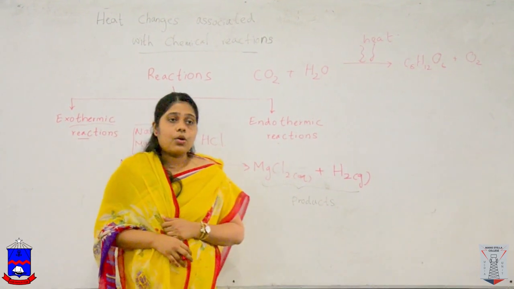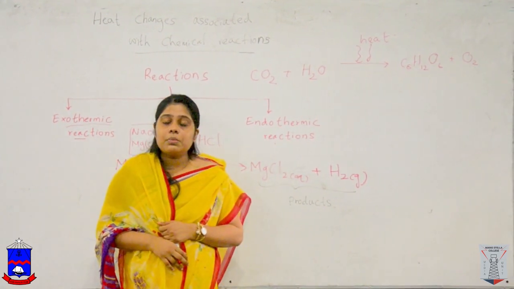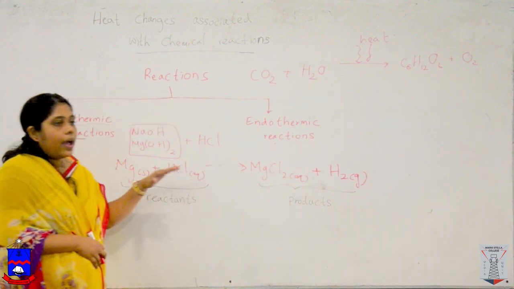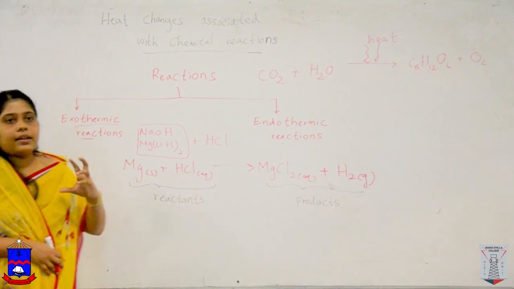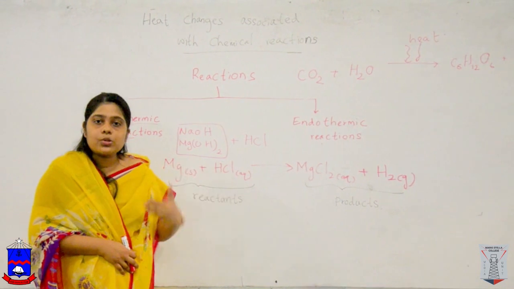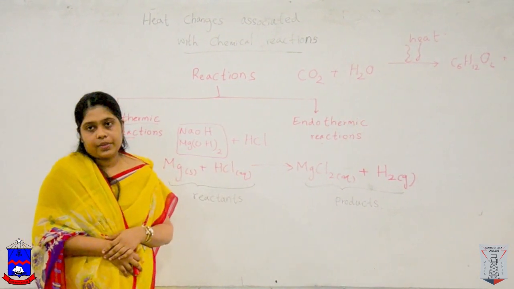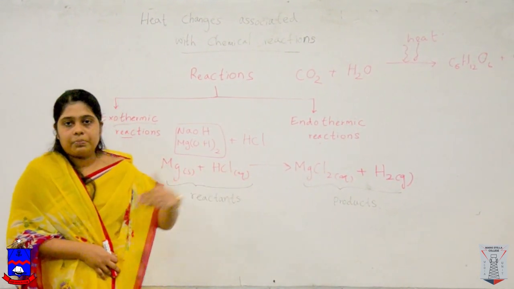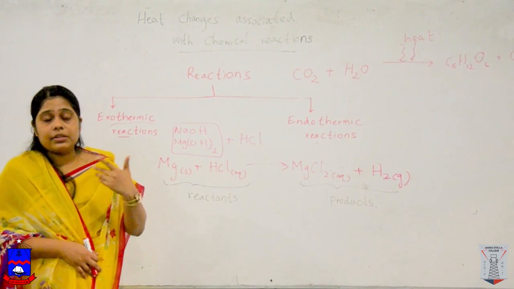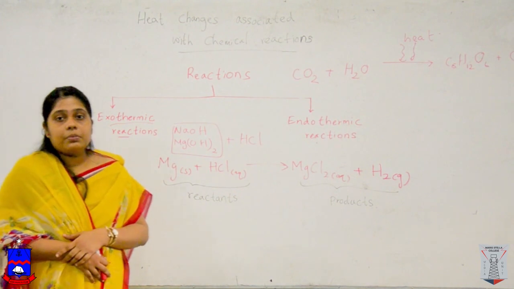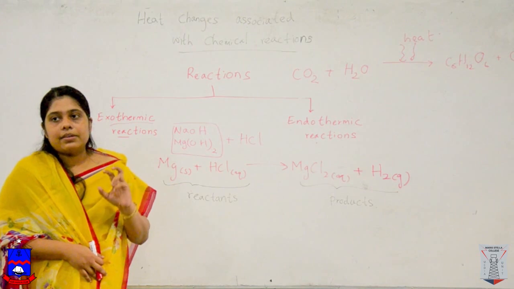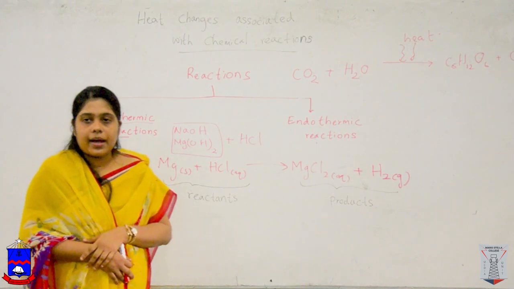And then we are going to talk about the most important part of the lesson. That is, you have to understand and calculate the heat energy released or absorbed during reactions. Before going to that part, I want to teach you the important part, that is to draw energy level diagrams or enthalpy diagrams.